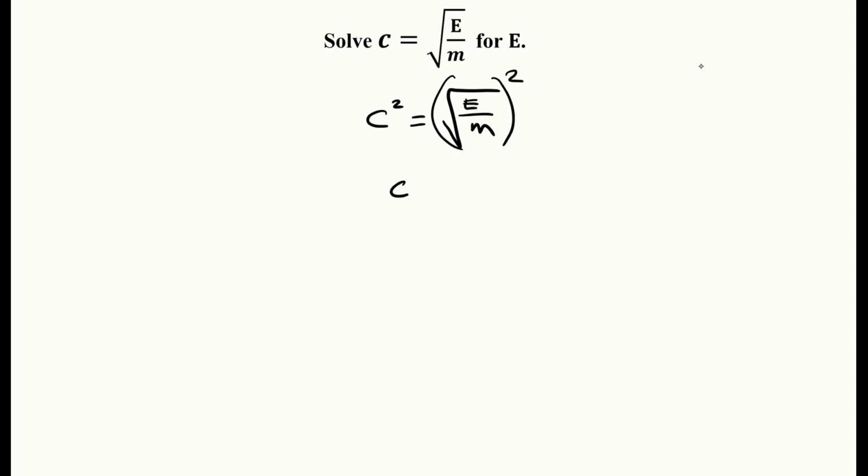So we get c squared equals E over m. Once again, you can throw a 1 there and cross multiply, so you get the good old famous E equals mc squared. Now in this equation, E is the potential energy of a given amount of matter, m is the mass of matter you're dealing with, and c is the speed of light.